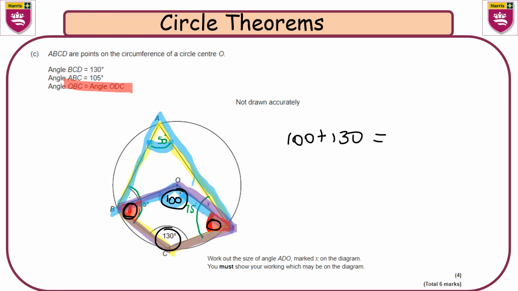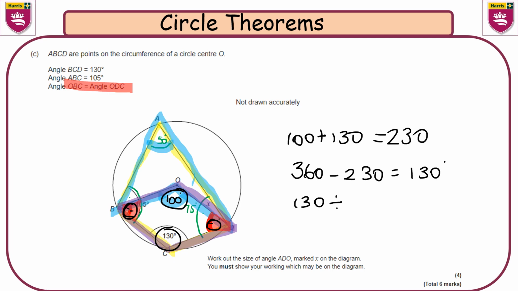So 100 plus 130 is going to give you 230. With these two red angles, it should give us 360. So if I do 360 take away 230, that's going to give me 130. I'm going to divide 130 into these two equal angles here. 130 divided by 2 is going to be 65 degrees.